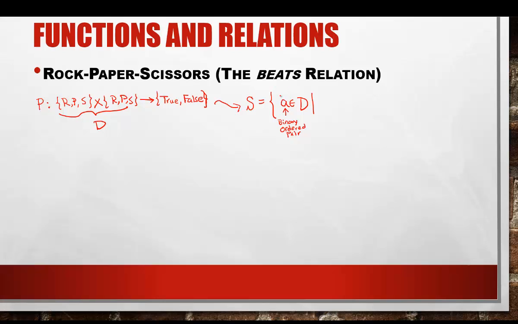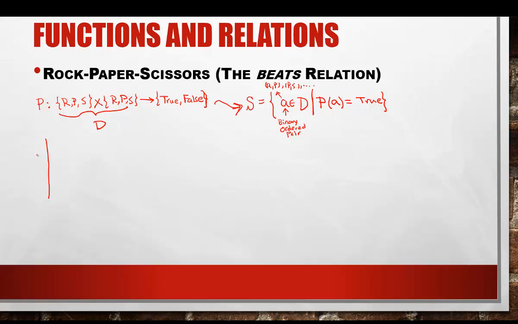So an A could be things like rock and paper, or paper and scissors. One of the choices of the ordered pairs between rock, paper, scissors crossed with rock, paper, scissors, such that the predicate of A is true.